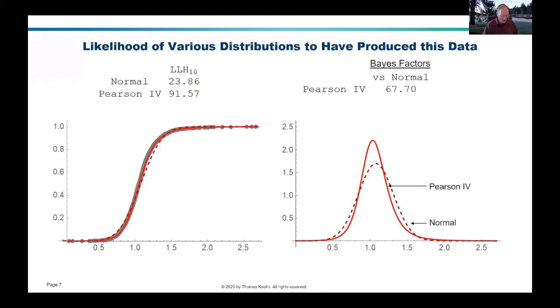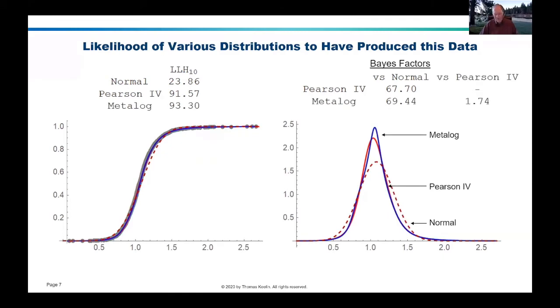So I went through the Metalog family of distributions and found a Metalog distribution that meets this data better than the Pearson 4, in fact better than any possible Pearson distribution. And the Metalog is 1.74 orders of magnitude more likely to have generated the data than the best of the Pearson 4 distributions.